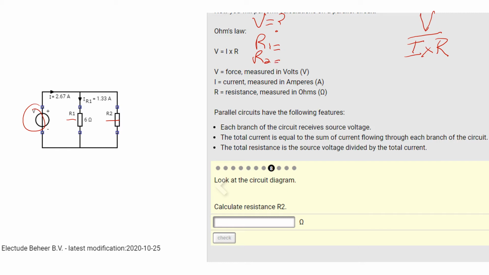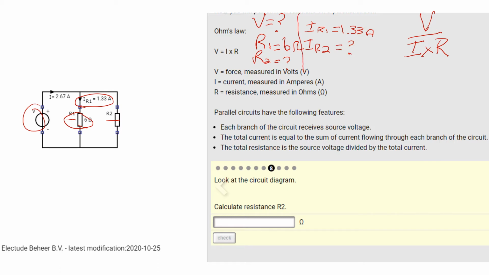I know resistance 1 is 6 ohms. Resistance 2 is still unknown. For resistance 1, my amperage is 1.33 amps. And my resistance for 2 is unknown.